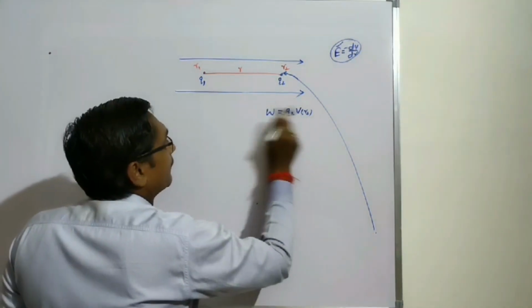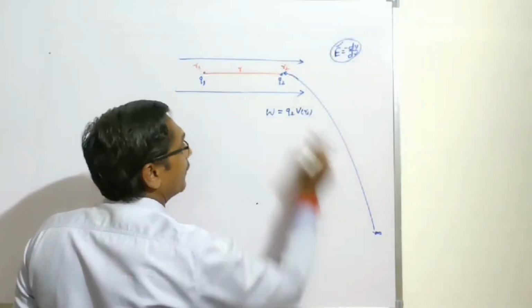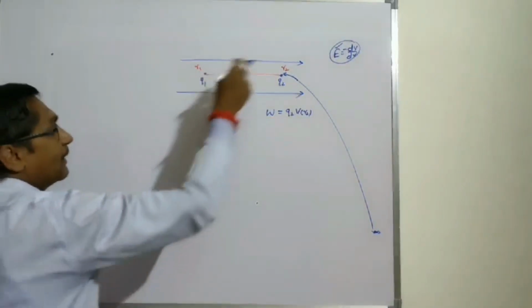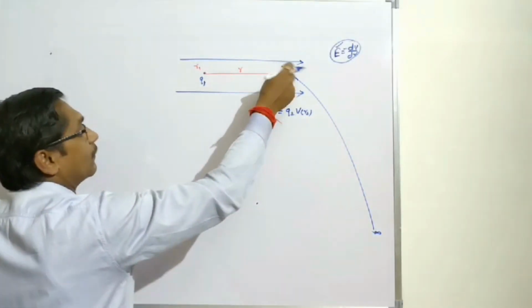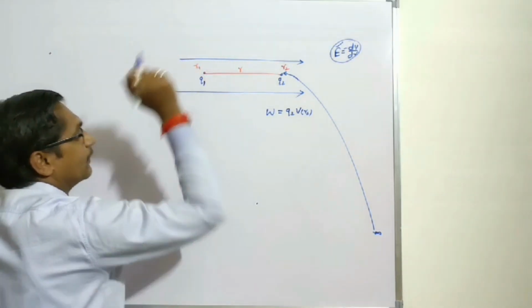So the work done is to bring the Q2 charge from infinity to a particular point, and this charge also works against the electric field developed by the Q1 charge.